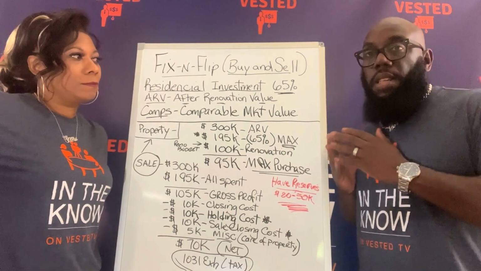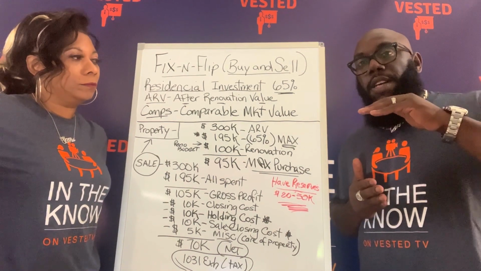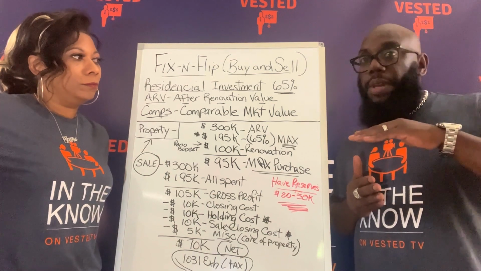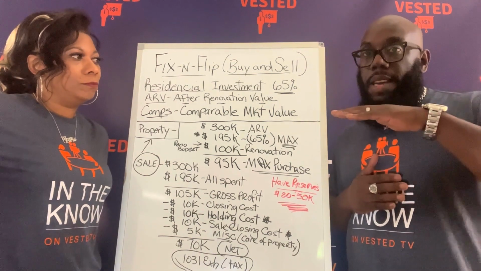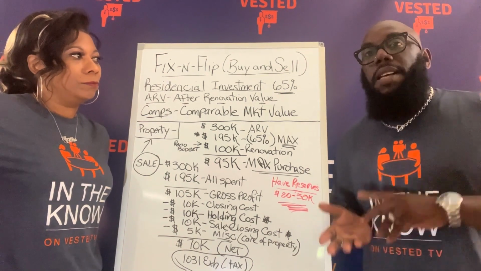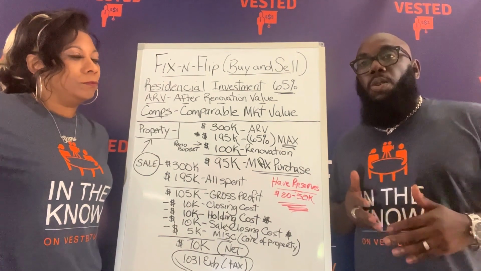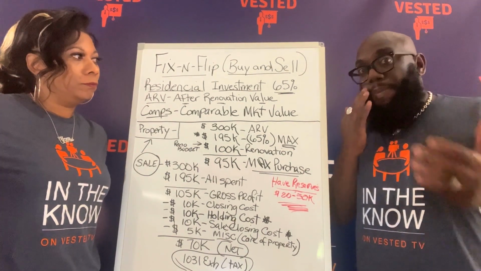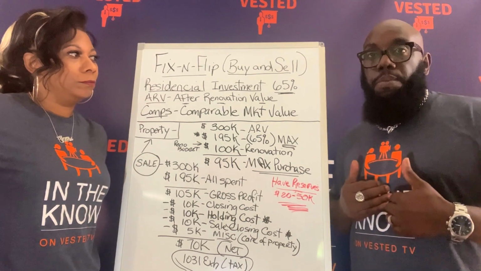Well, on these types of loans, it's all interest. Every payment you make, your principal stays the same. I don't care if it took you 3 months, a year, 10 years, you're never paying it off because it's only going to interest. That hard money lender wants that money back so they can lend it out to you again or to someone else. And they want to make sure that you have an exit. Can they pay me back my money through a refinance where I get paid in full?